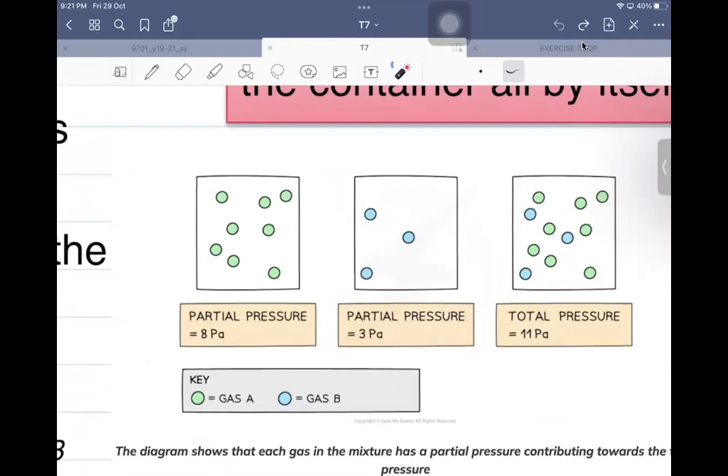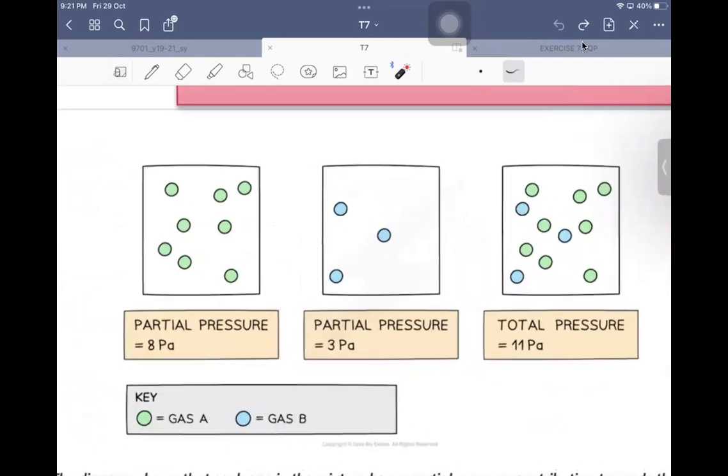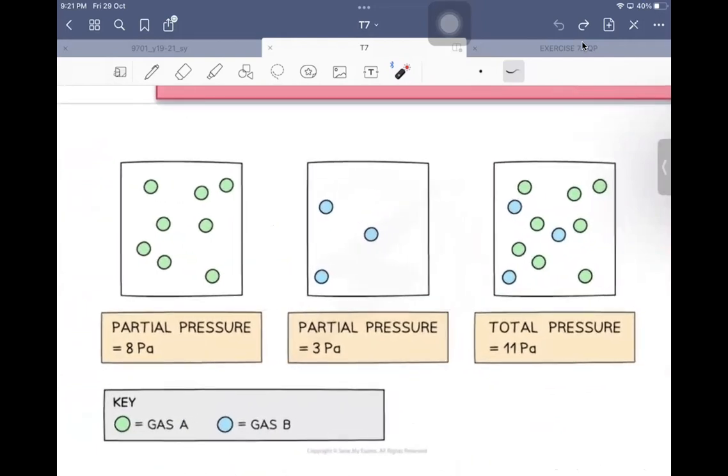You can't see it in your notes unless you print out your notes using a color printer. You would be able to see that in this container, there's a combination of gas A and gas B, which is green and blue respectively, okay? And we all know that pressure is based on the frequency of the gas molecules hitting the walls of the container.